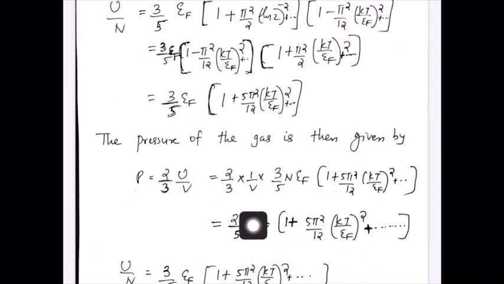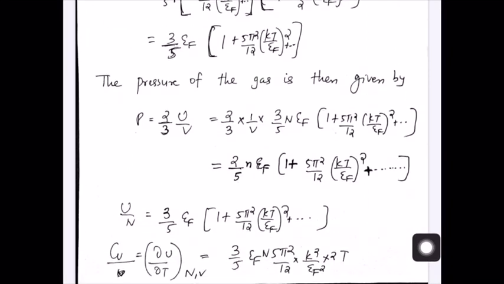So this is what? N by V is written as small n, the particle density. Okay, so we get the expression for pressure. So pressure of the ideal Fermi gas, finite but low temperature. Okay, it is this. And U by N is this.